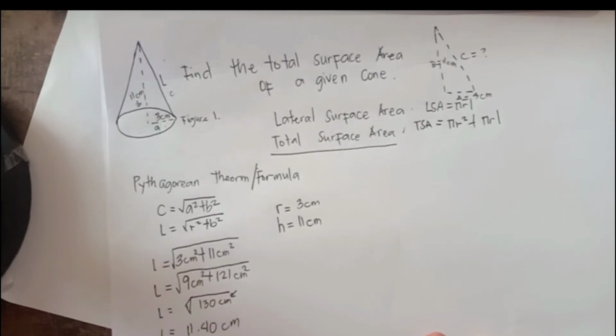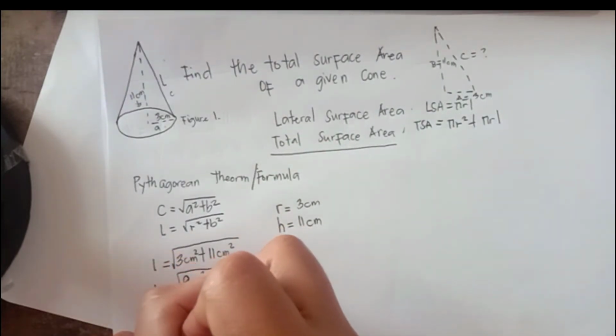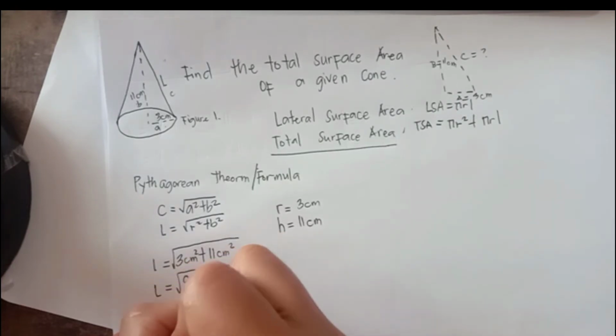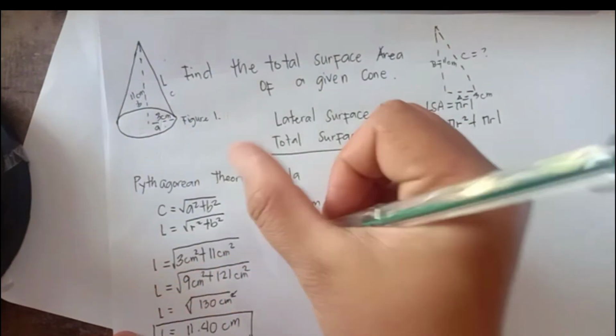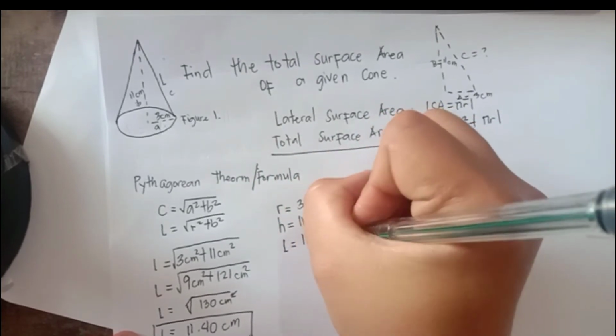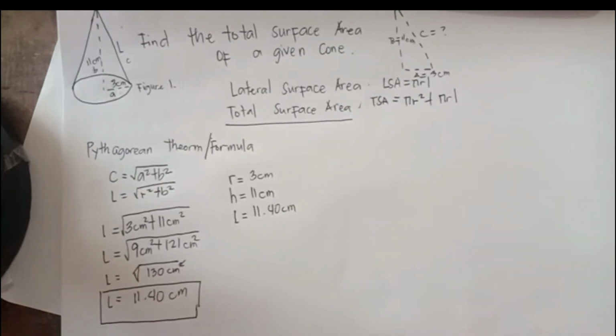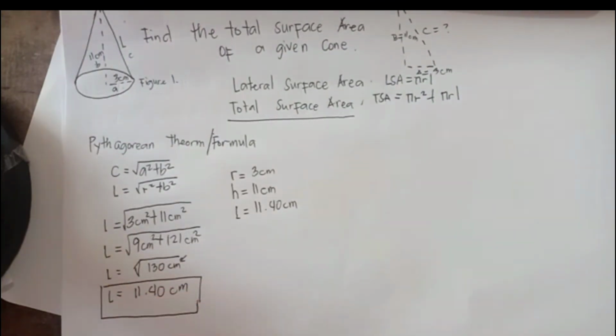Next, ito na niya, ang ato ang slant height. So since we have our slant height, our next step is kunin ang lateral surface area.